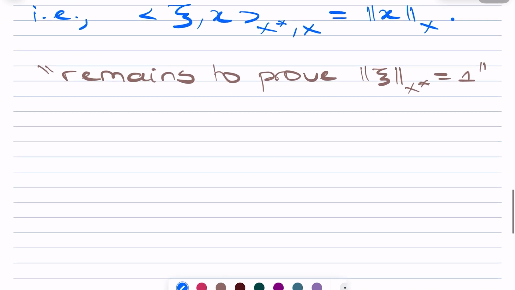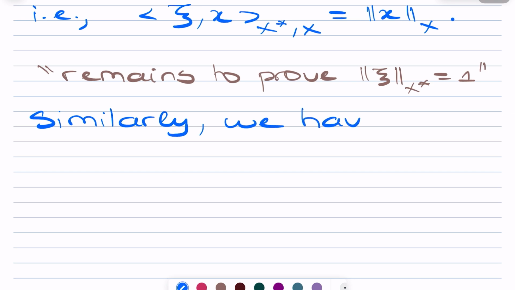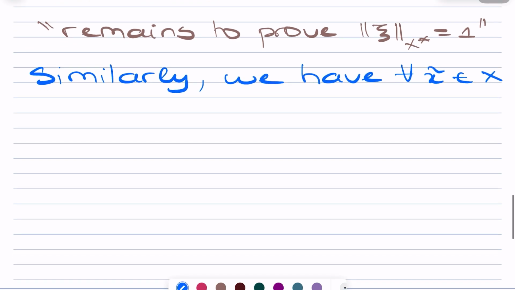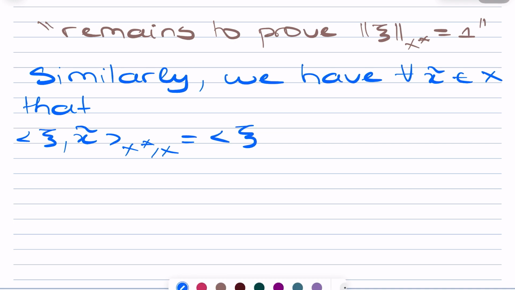Similarly, for every x tilde in X, you have that this duality pairing of xi applied to x tilde is equal to, and what I'm going to do now is insert a 0, so this is the duality pairing at the point x tilde plus x minus x.